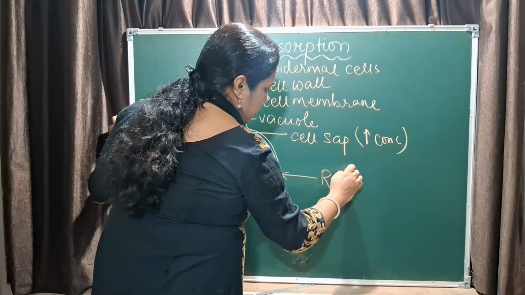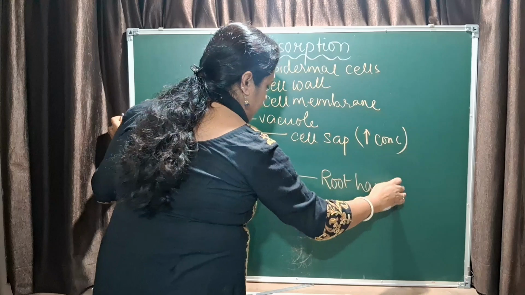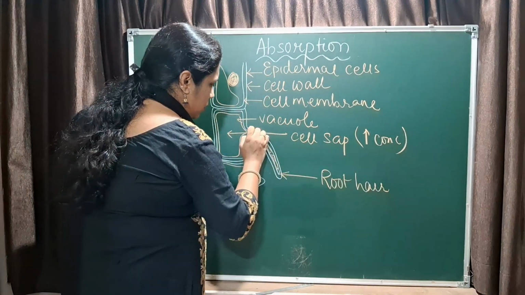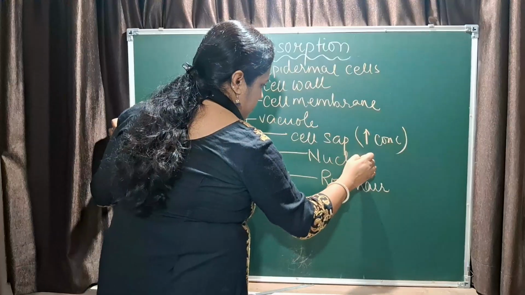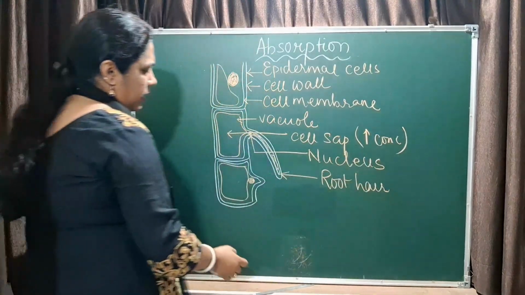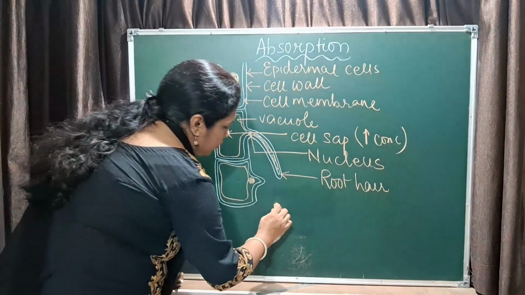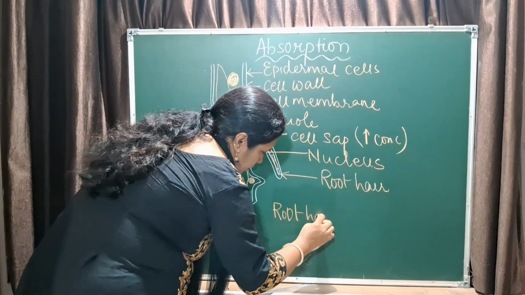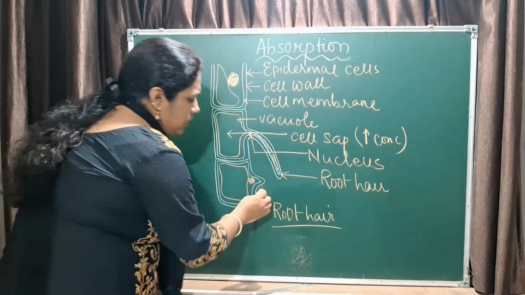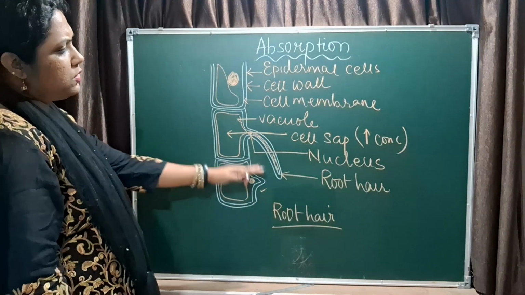This is the root hair. Okay, and you have got the nucleus also. Correct. So this is the diagram to show the root hair growth and development. Here it is still growing, but here it has fully grown.